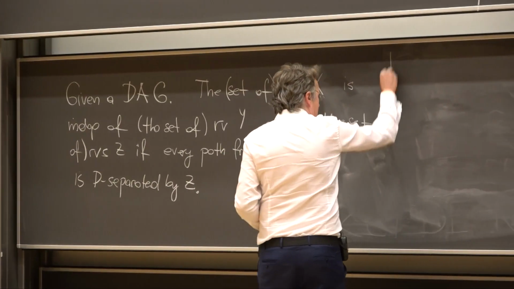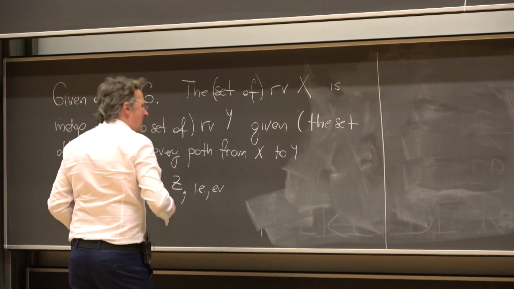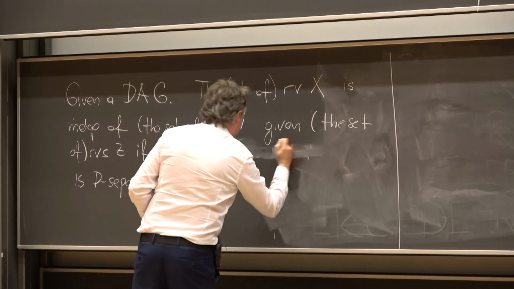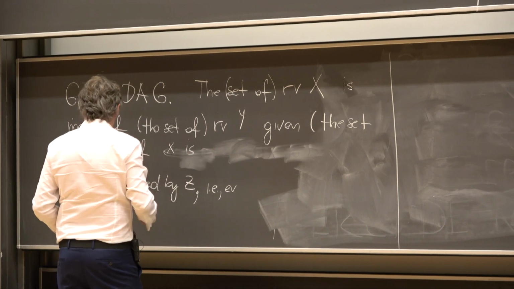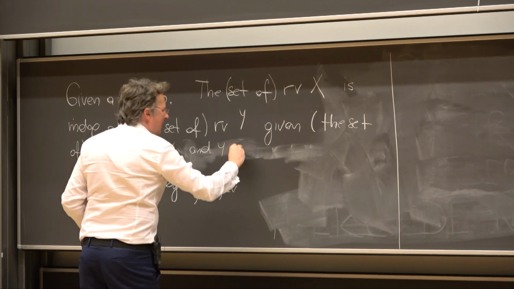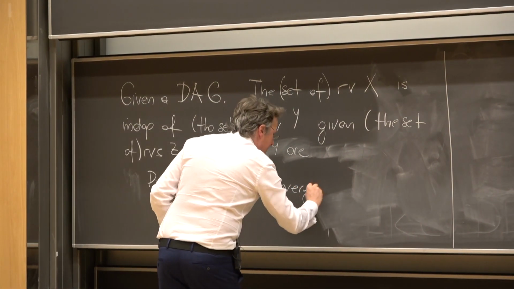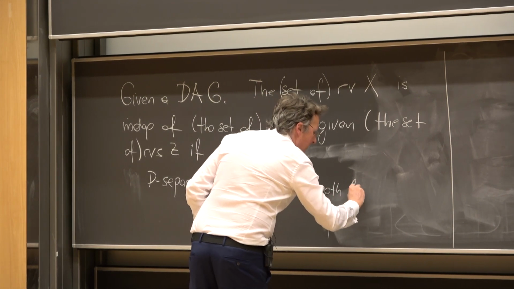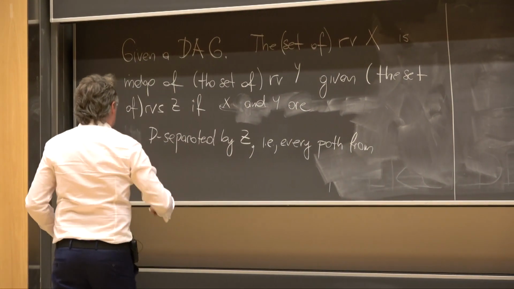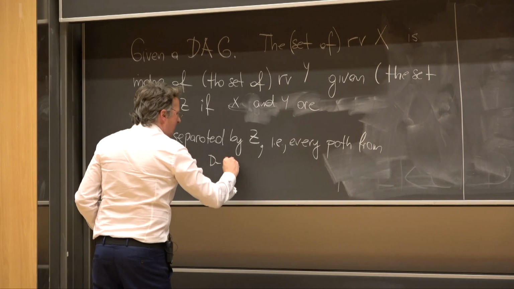Maybe I should write it down: x and y are d-separated by z if every path from x to y is d-blocked.